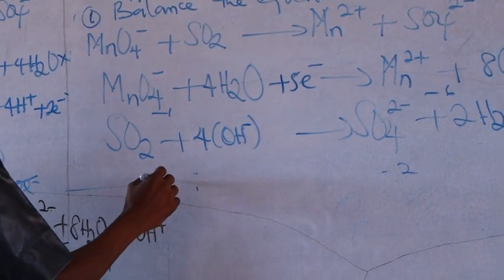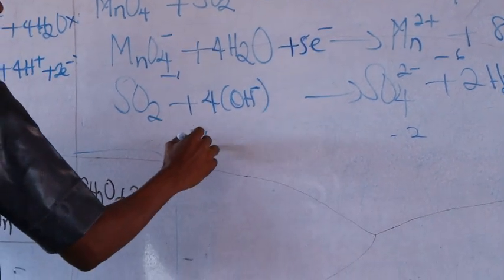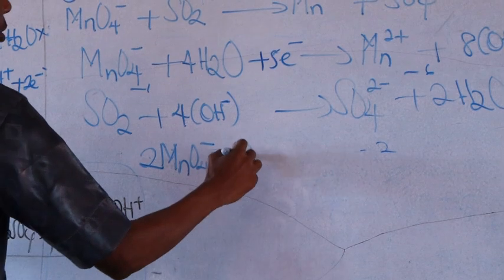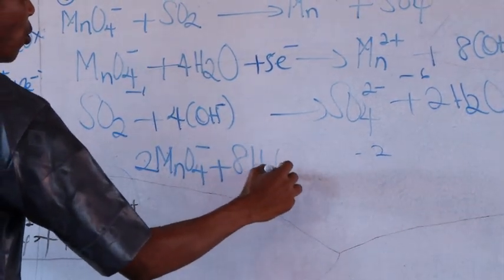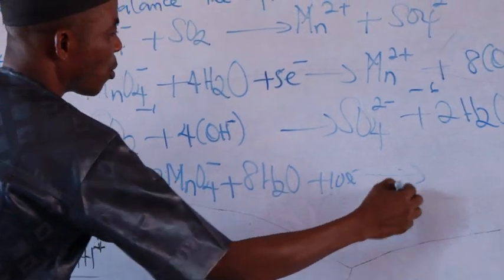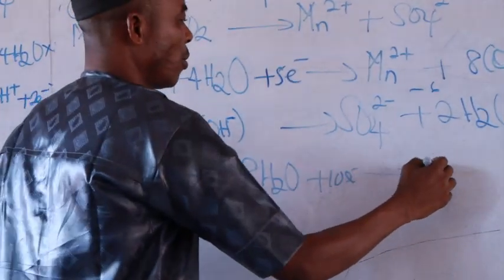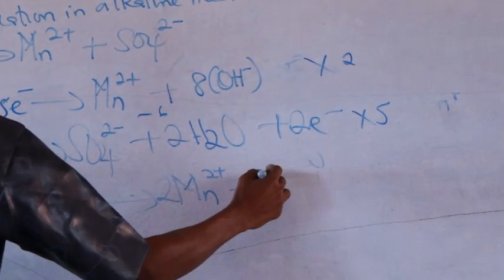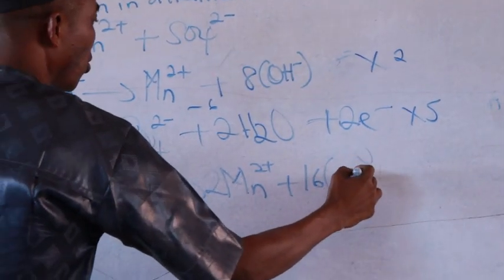this is going to give us 2MnO4 minus plus 8H2O plus 10e minus to give 2Mn2 plus 16OH minus.